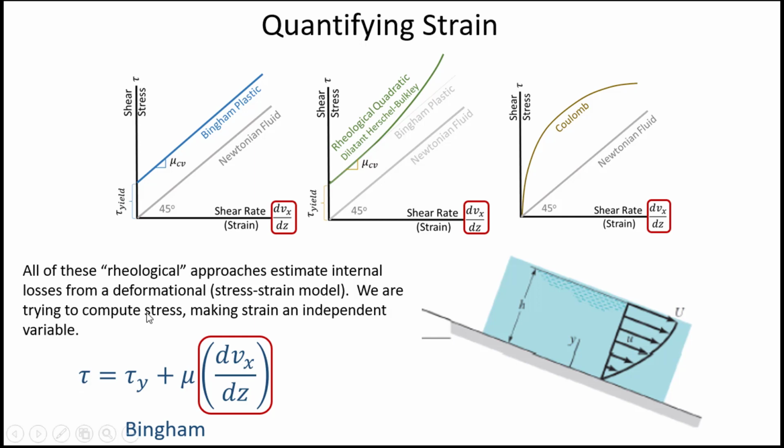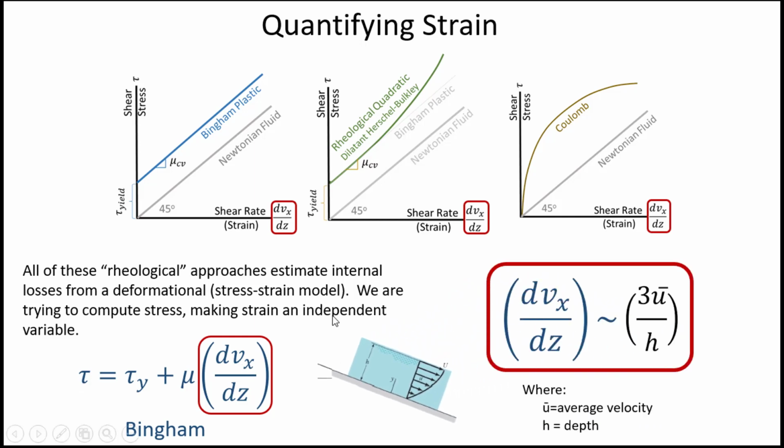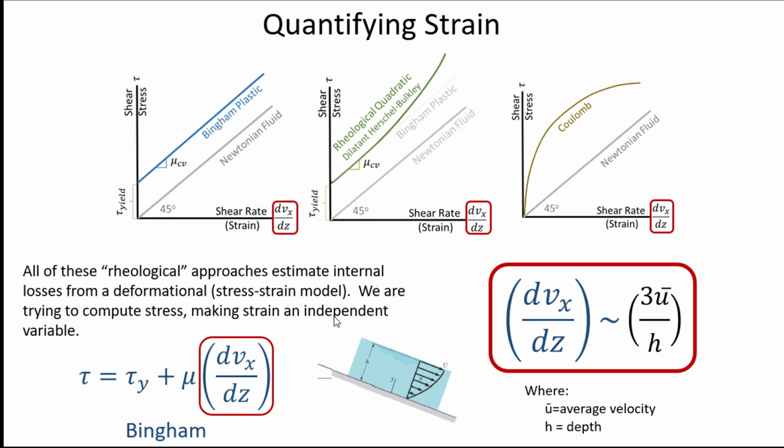This comes from Julian and O'Brien: the strain of the water, or the deformation of the water, is 3 times the velocity over the depth. And so that's what we use. We use that in RAS 1D or 2D. Now we have a strain. Now we have all the terms we need to come up with your internal shear stress to compute your loss slope.